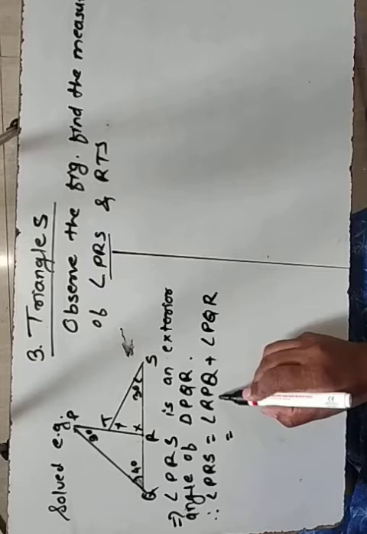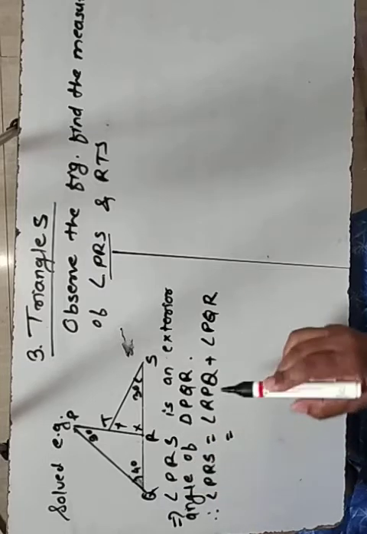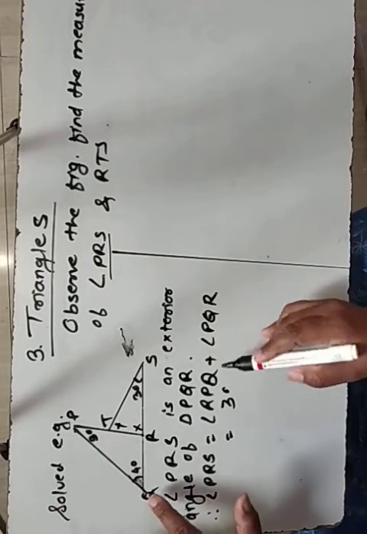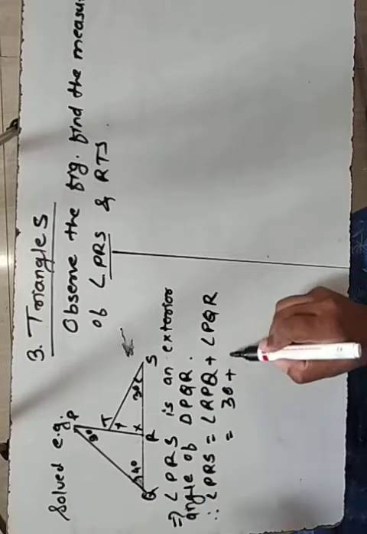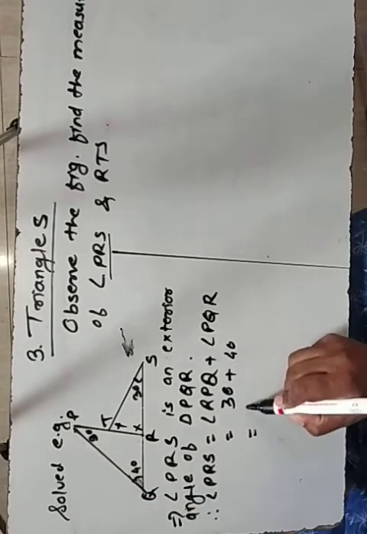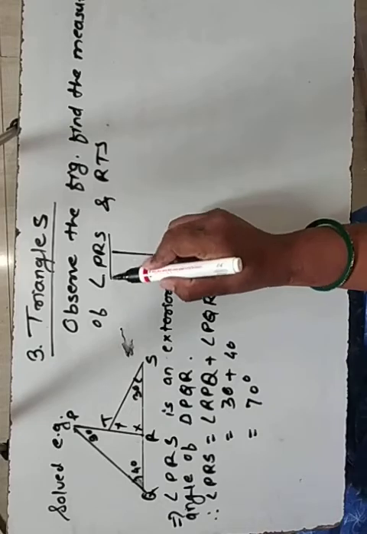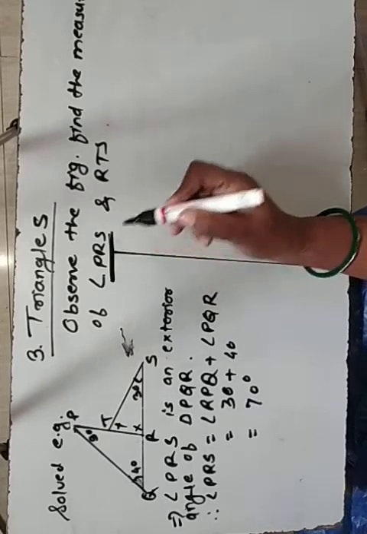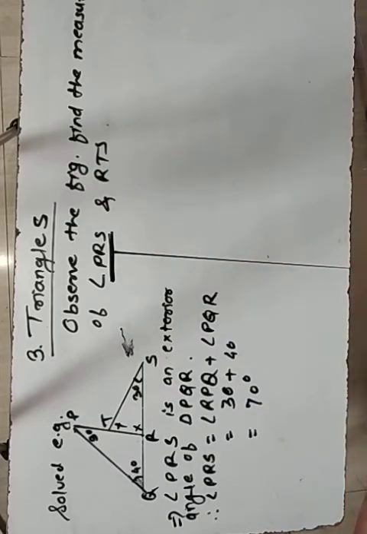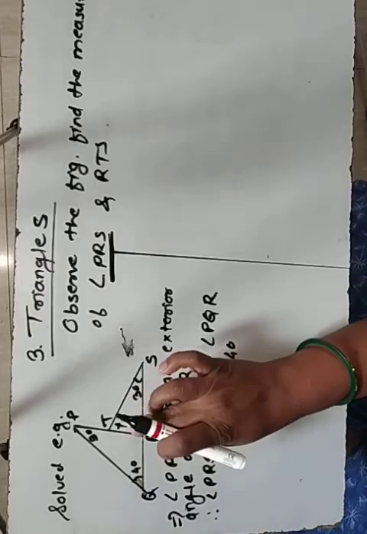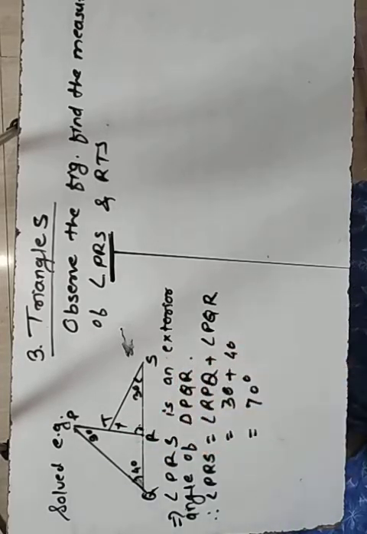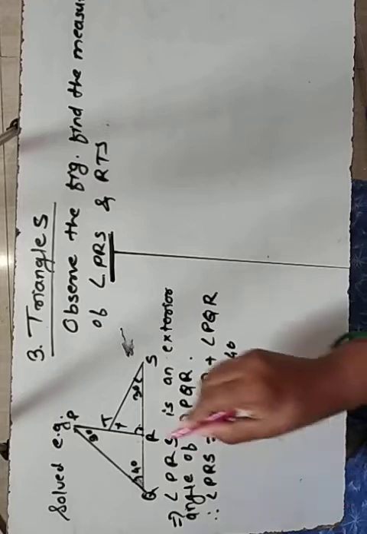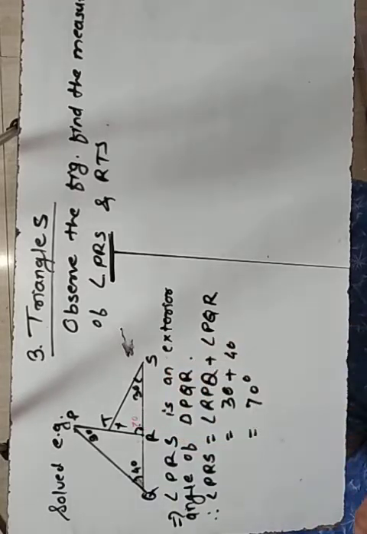So I will do the addition. RPQ's measure in the figure is given as 30 degrees, and Q's angle measure is given as 40 degrees, so the sum is 70 degrees. Now I got the value of angle PRS: this measure is equal to 70 degrees.